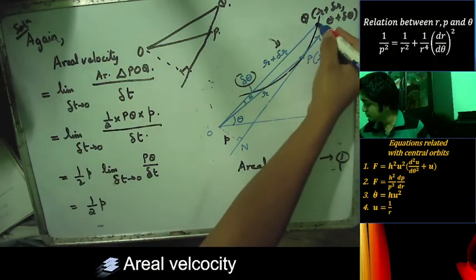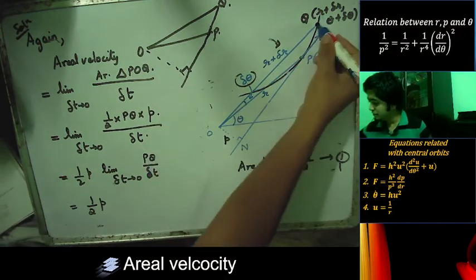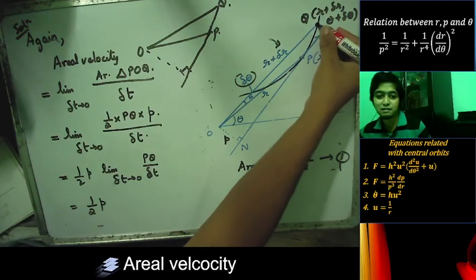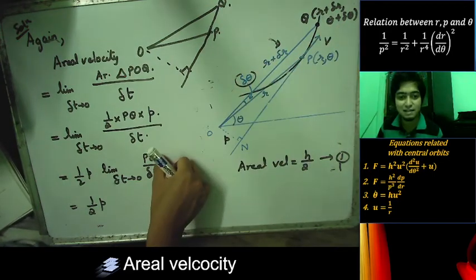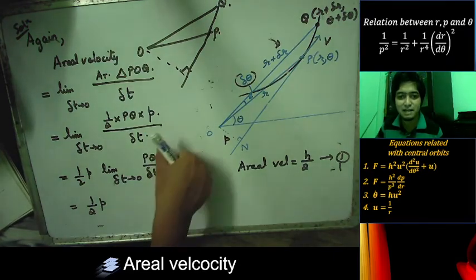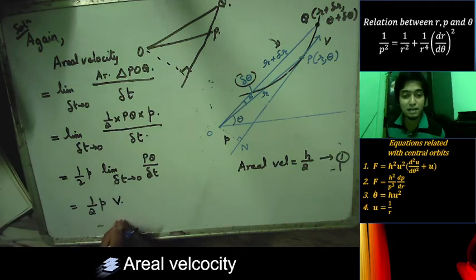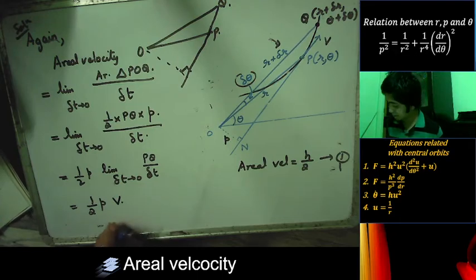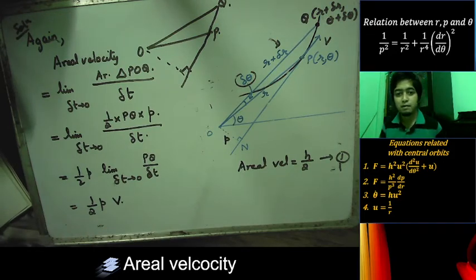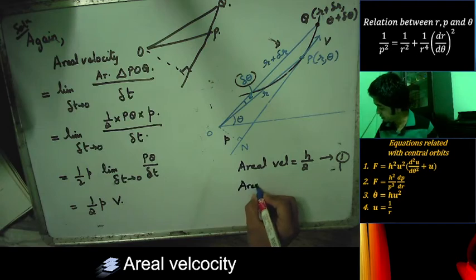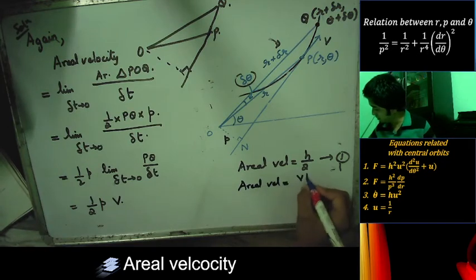Let us examine PQ by del t. If Q and P are very, very close to each other, then PQ will behave as a tangent. Since it behaves as a tangent, this will be the tangential velocity, which we can write as V. I hope that is clear. So it will be equal to half Vp. We have derived another relation for areal velocity, which is Vp by 2.